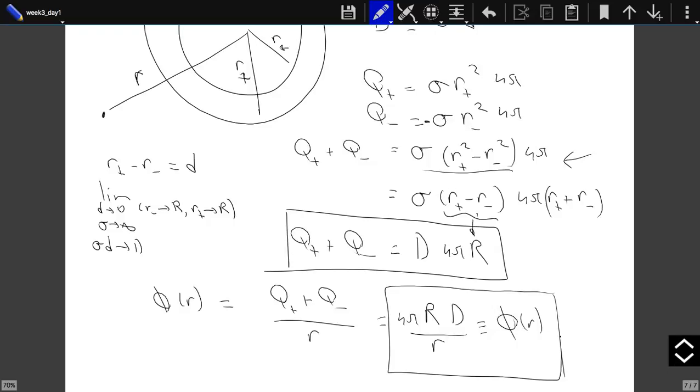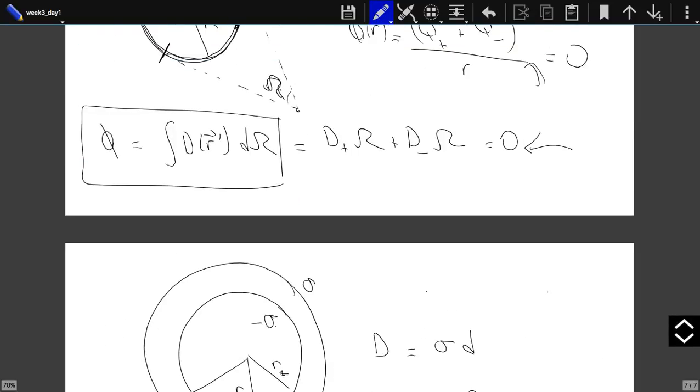Here we have a total charge, and the potential is actually the potential created by the total charge. There is no additional potential due to the fact that we have a dipole layer. So this is the potential due to the total charge of my system, which we can model as a total charge at the center, plus the potential created by the dipole layer itself, any additional contribution. But that additional contribution is just 0, just like we obtained over here.